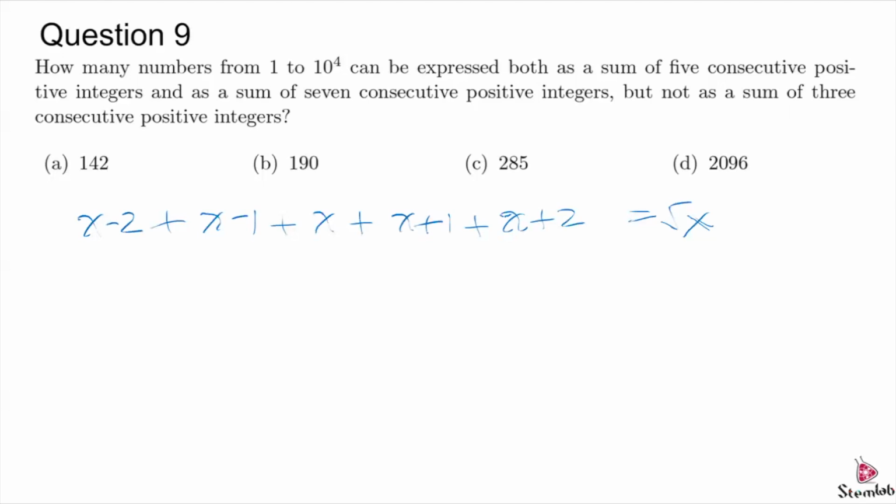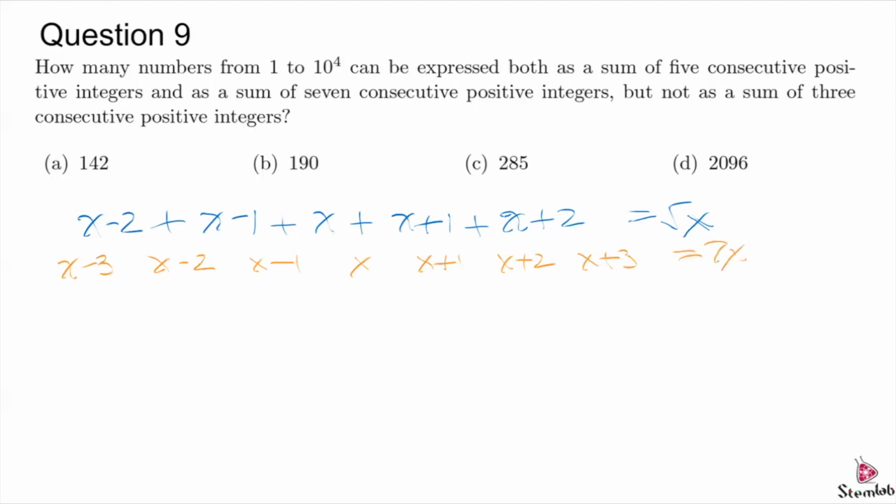For 7 consecutive positive integers, we can write it as x minus 3, x minus 2, x minus 1, x, x plus 1, x plus 2, and x plus 3. So if we sum them, we simply get 7x.